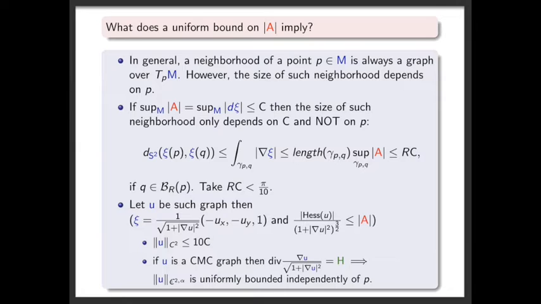So if you are a CMC surface which has bounded second fundamental form, then locally but uniformly you have this property that you're locally a graph with C2 alpha estimates.